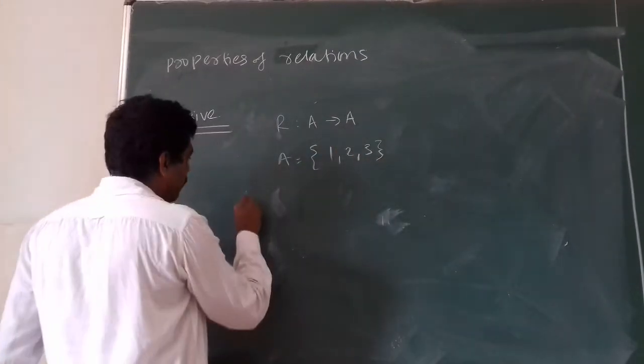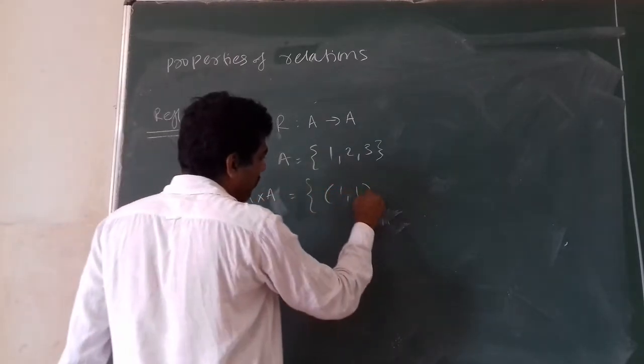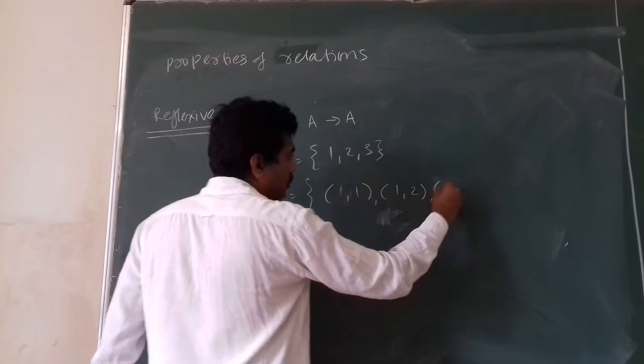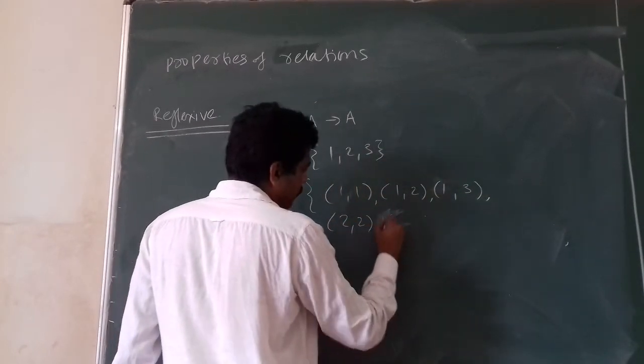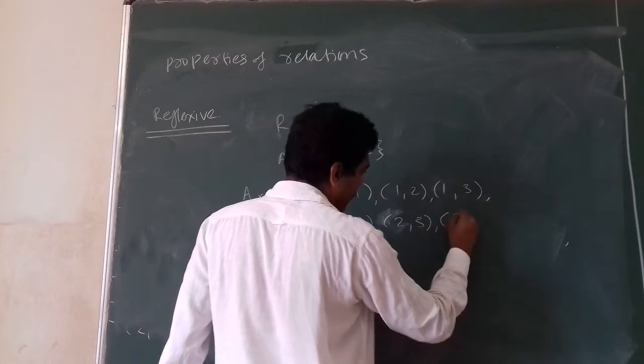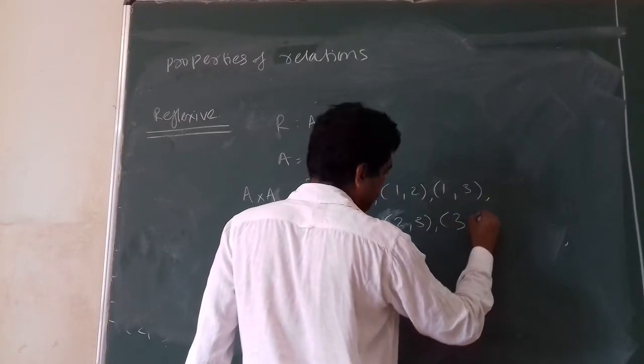Okay, then A cross A will be 1 comma 1, 1 comma 2, 1 comma 3, 2 comma 2, 2 comma 3, and last is 3 comma 3.